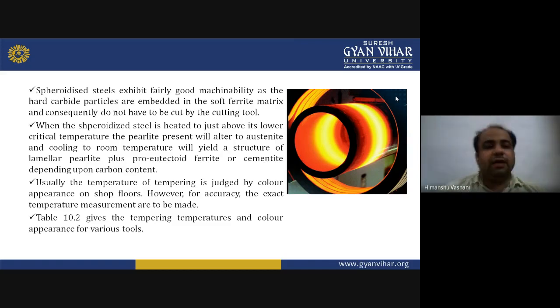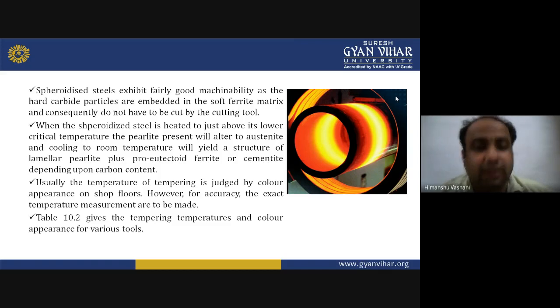Now when the spheroidized steel is heated to just above its lower critical temperature, the pearlite present will alter to austenite, and then cooling to room temperature will yield a structure of lamellar pearlite plus proeutectoid ferrite or cementite, depending upon the carbon content.